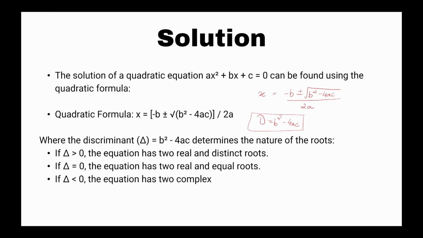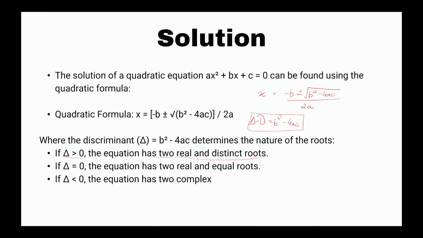That means inside the root I would have a positive real value, which opens up into a square root of it. That means I can have two real solutions, which are going to be real and distinct. Keep this in mind. The discriminant, this D, is also represented by delta. So if delta is greater than 0, my equation has two real and distinct roots.